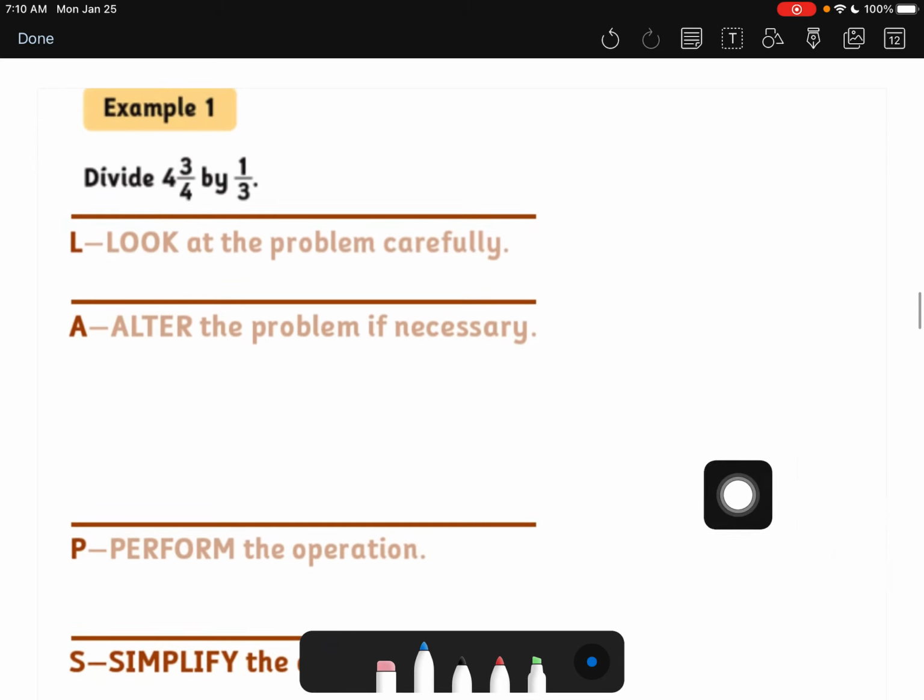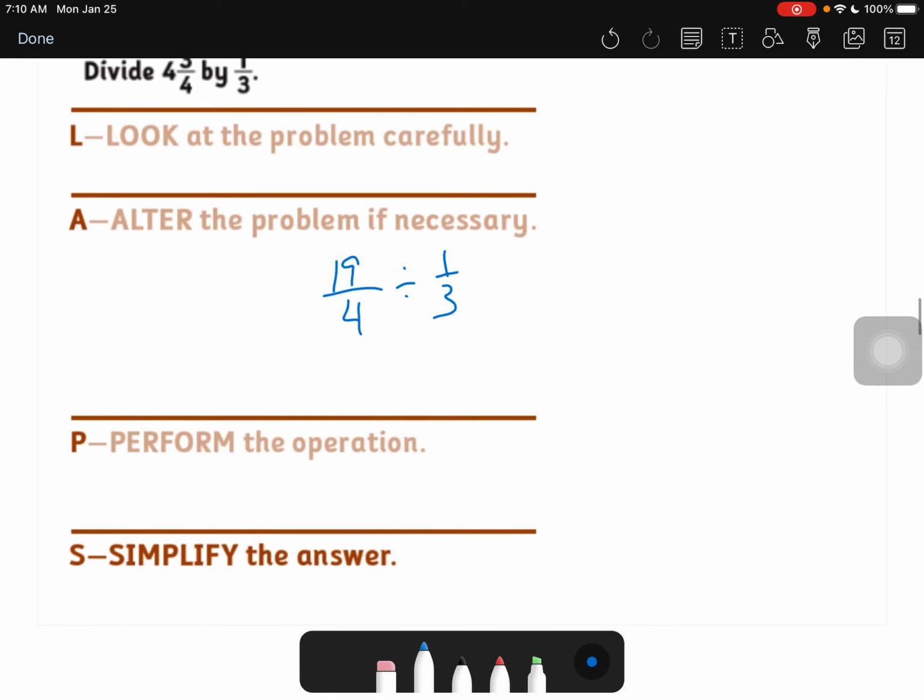Okay, so what we need to do on these problems is convert these into improper fractions first. And so 4 times 4 plus 3, that would be 19 fourths, and we're dividing it by 1/3, and that means 19 fourths times 3 over 1, and 19 times 3 is going to be 57. 4 times 1 is 4, and now we need to simplify that by dividing. 57 divided by 4.